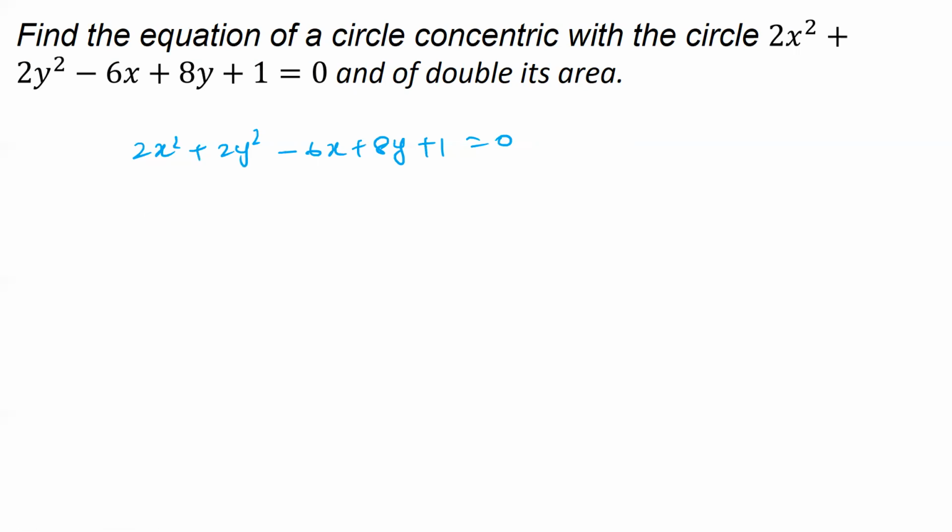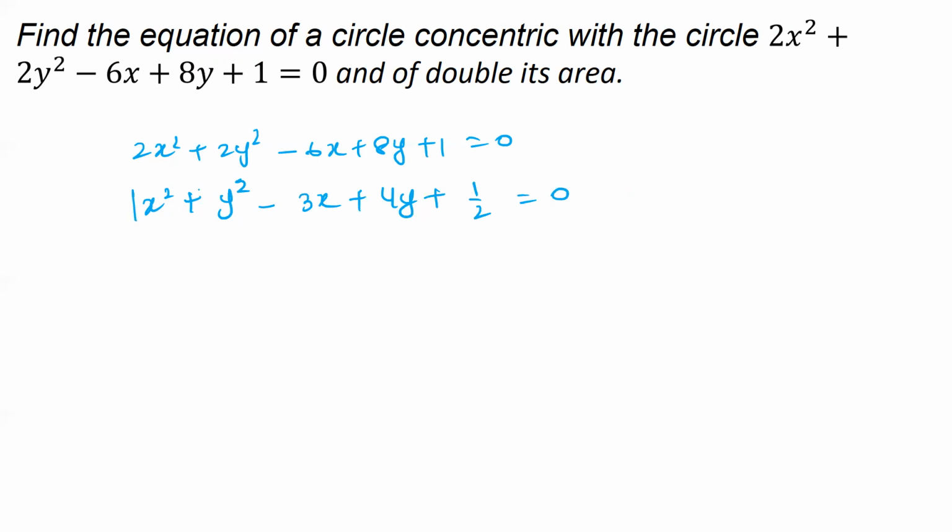So first of all, I need to divide all these terms by 2 so that I write it in the standard form. So I divide each term by 2. x squared plus y squared minus 3x plus 4y plus 1 by 2 is equal to 0. I cannot divide this exactly, so I've just written 1 by 2 over here. So now this is in the standard form, because for standard form we don't need anything to be coefficient of x square and y square.